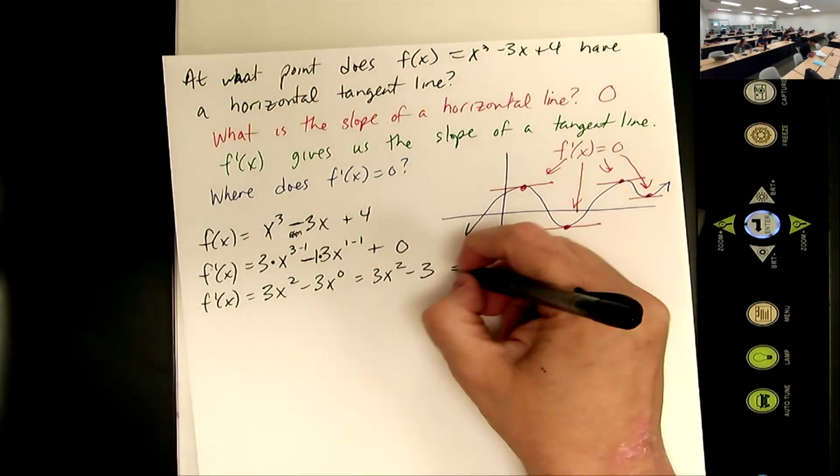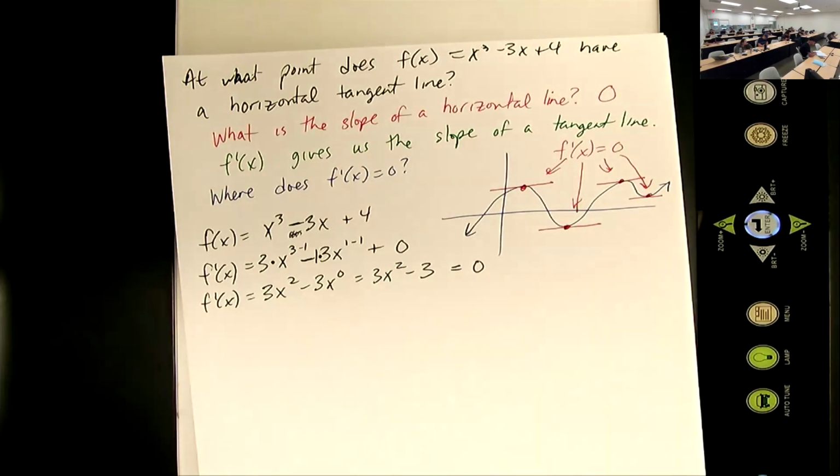We wanna know where that equals 0, so we're gonna set it equal to 0. And we're not gonna guess answers, we know how to do this, this is an algebra problem.